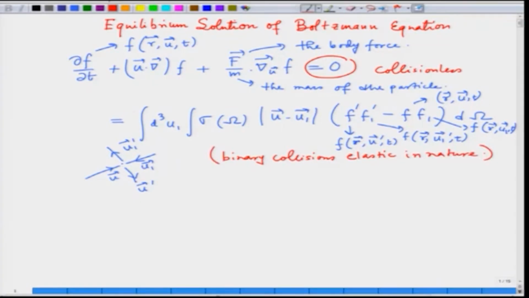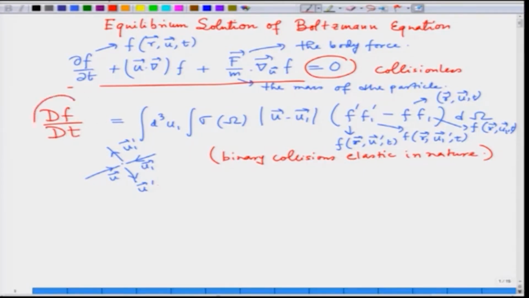So, binary elastic collisions should be there, and then only can we model the effect of the collision. This is the net change in the distribution function. If you remember, this is nothing but df/dt, if you just follow one trajectory of evolution in the phase space.